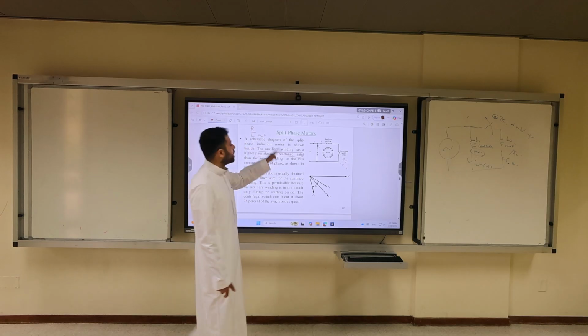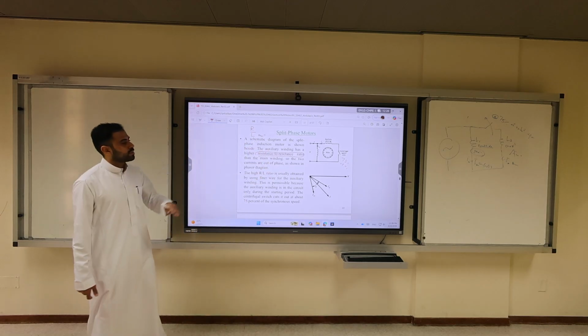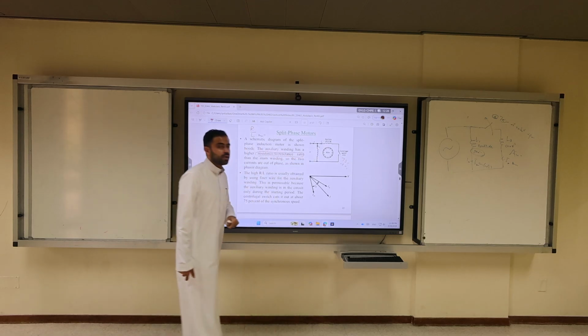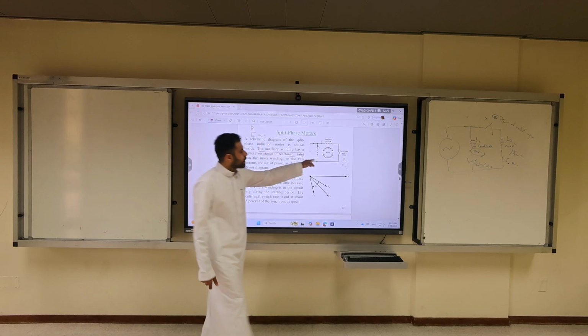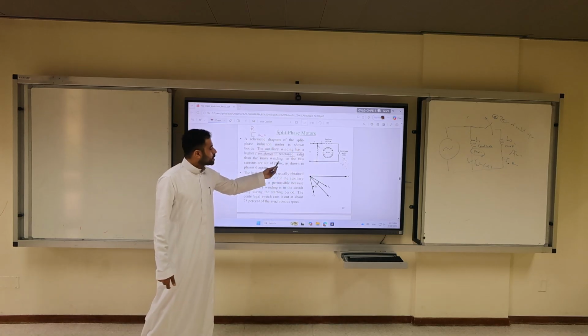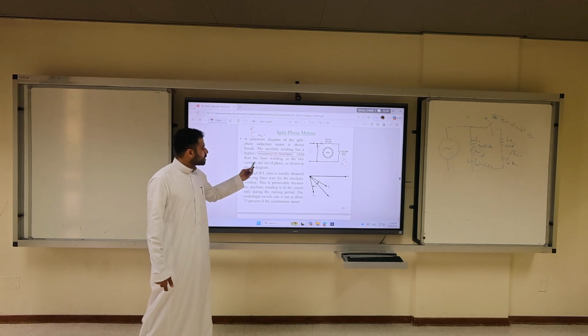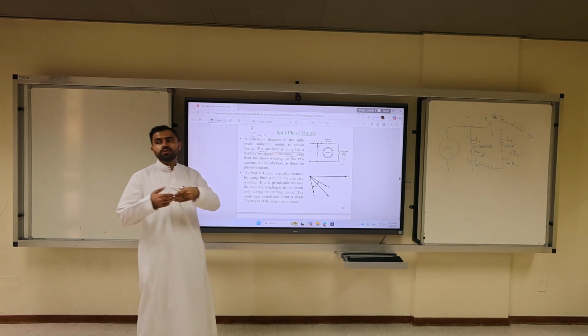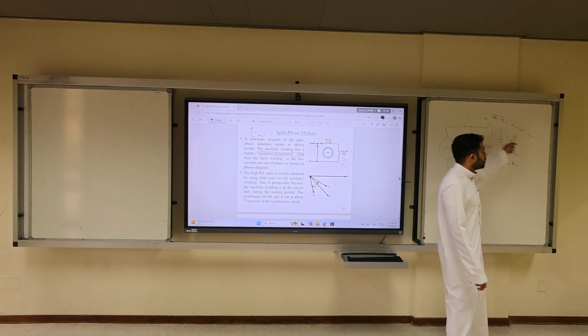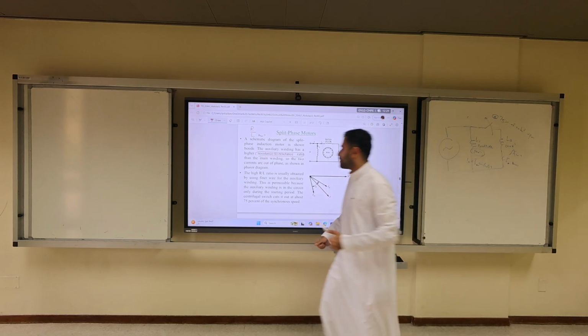So I make the auxiliary winding L smaller than the main one. Where is the R? The R is the copper everywhere. Then the two currents are out of phase already. This is what I meant by having L1 and L2. So you have to create this phase shift.